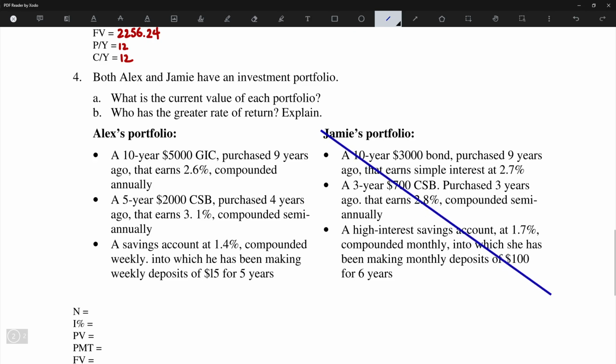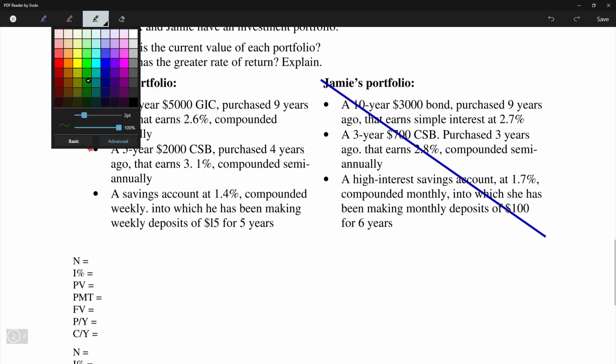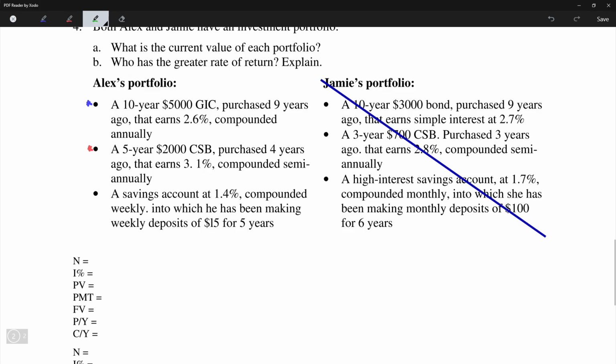So we're just going to work on one of the two portfolios. Okay. And quick overview of this portfolio, we can see that the first two parts are both lump sum investments, and the last part is a regular savings.